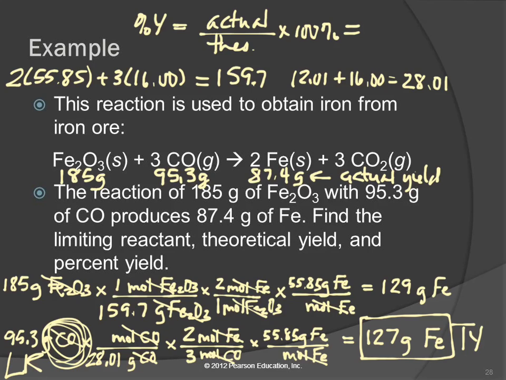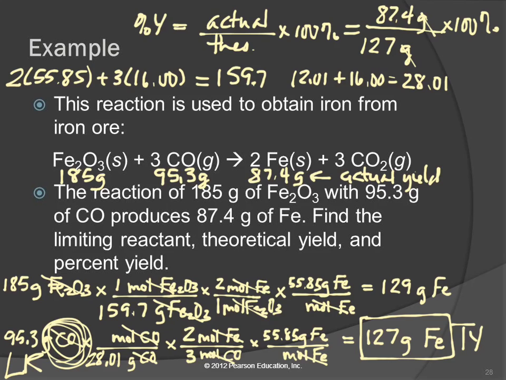The actual yield was given to us, and it will always be given to you unless we are actually doing an experiment. So 87.4 grams, we just calculated the theoretical yield. Notice that these units cancel out, times 100%.